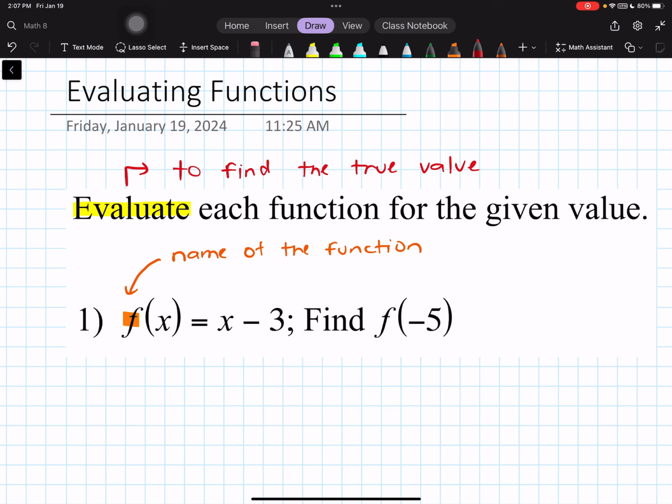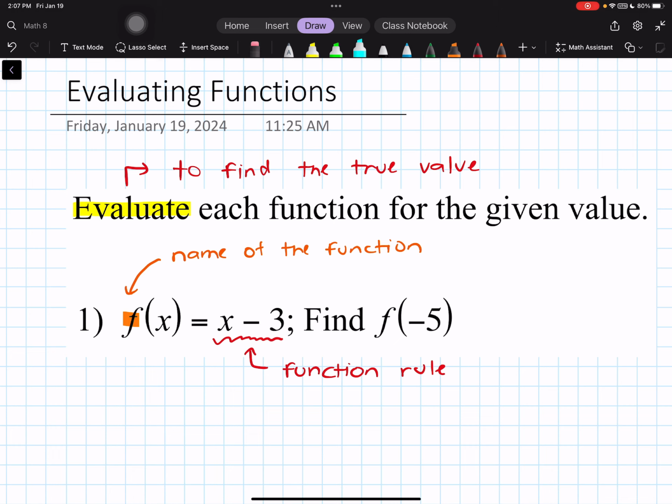The other thing that you want to recognize is that we are given a function rule to find the output. This is going to tell us how we are supposed to find the outputs.